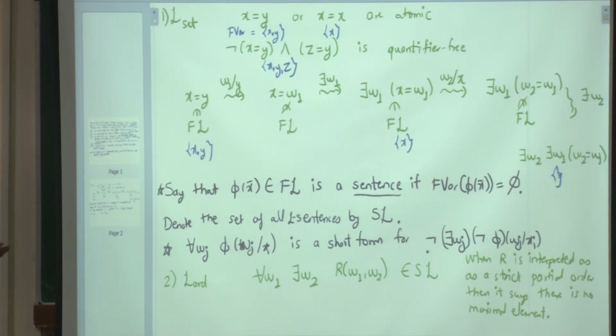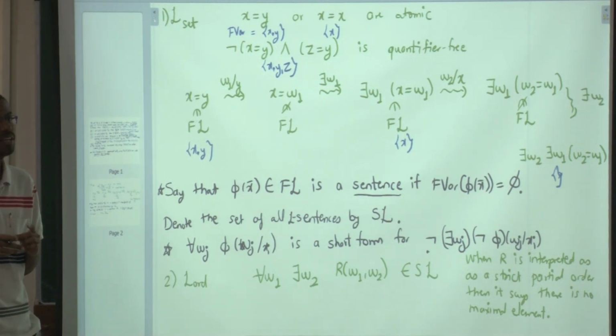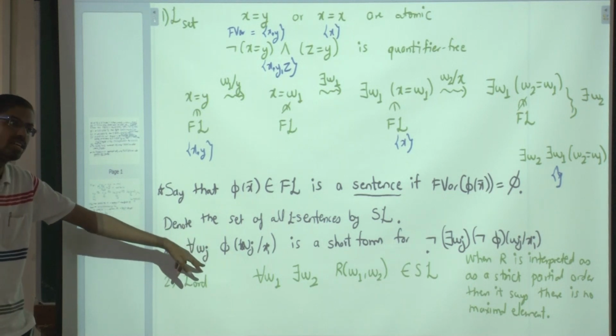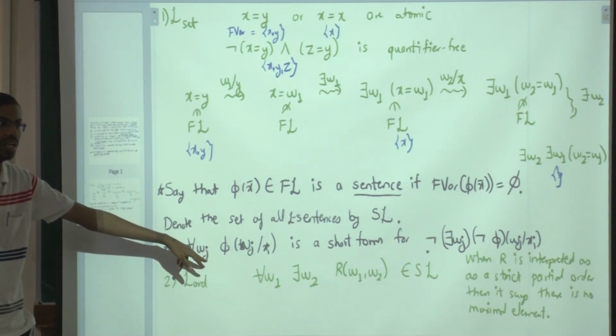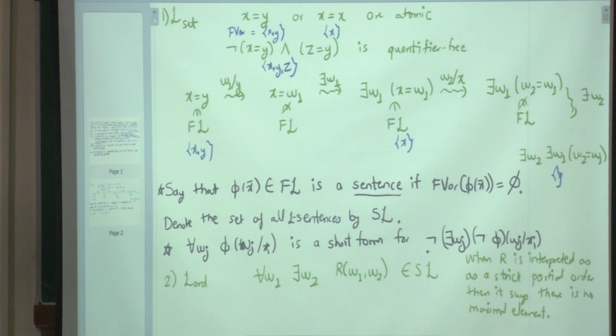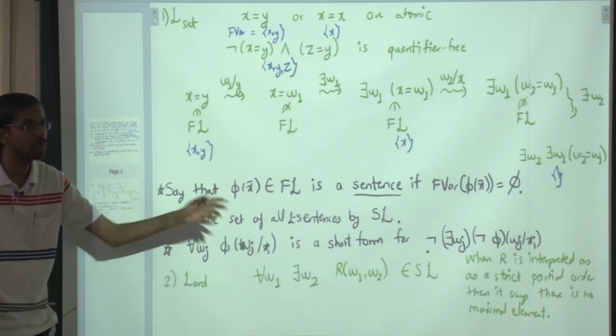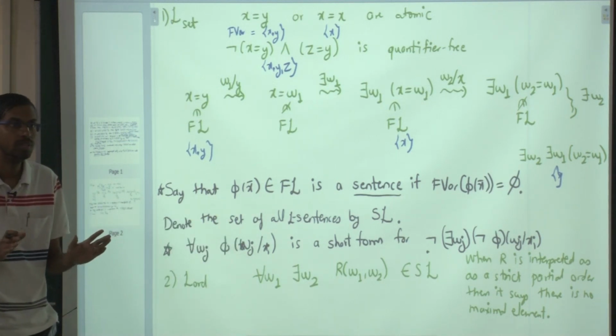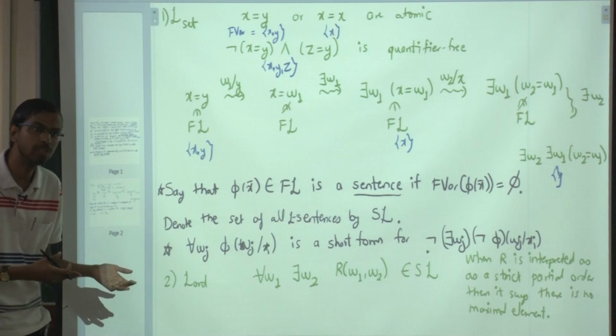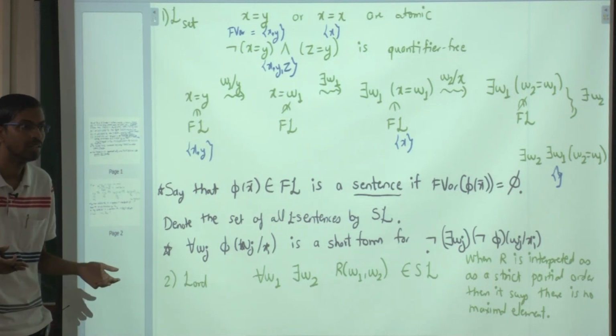That is what it means to say that there is no maximal element. But if I interpret R as an equivalence relation, then this statement is still true, right? What does it say? For all W1 there exists a W2 such that R W1 W2. What W2 can you choose for a given W1?